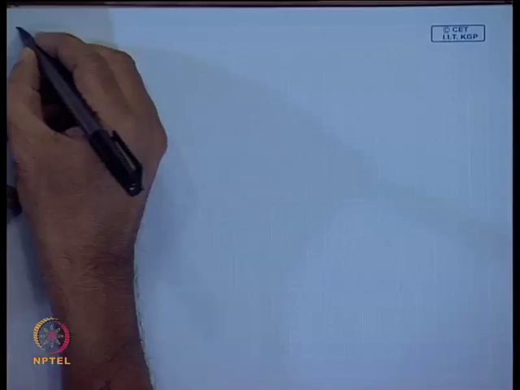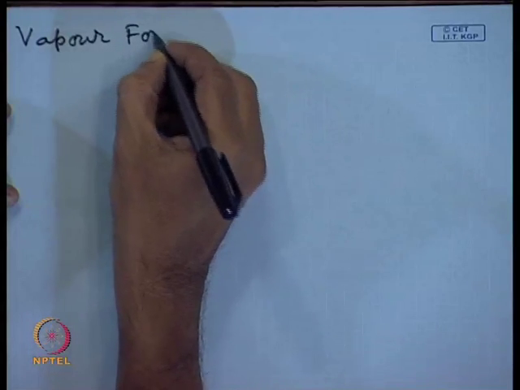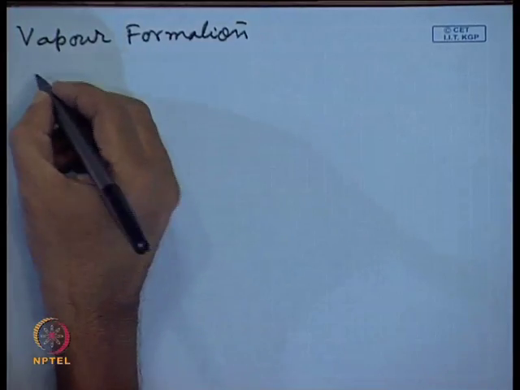Good morning everybody. So, today we will see different mechanisms of vapor formation, and in that connection we will also learn different types of nucleation. Now, vapor formation has different routes.